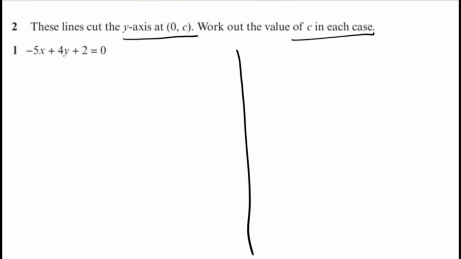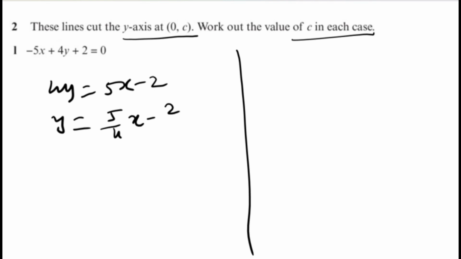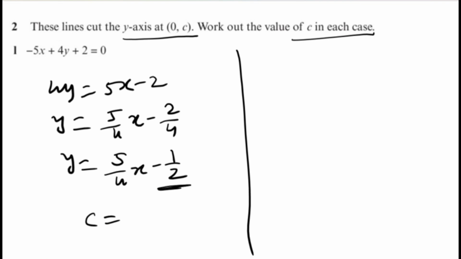So what I can do is 4y is equal to 5x minus 2. So y is equal to 5 over 4 x minus 2 over 4. So y is equal to 5 over 4 x minus half. And I know c is my y-intercept. So that means I can write c value is minus half.